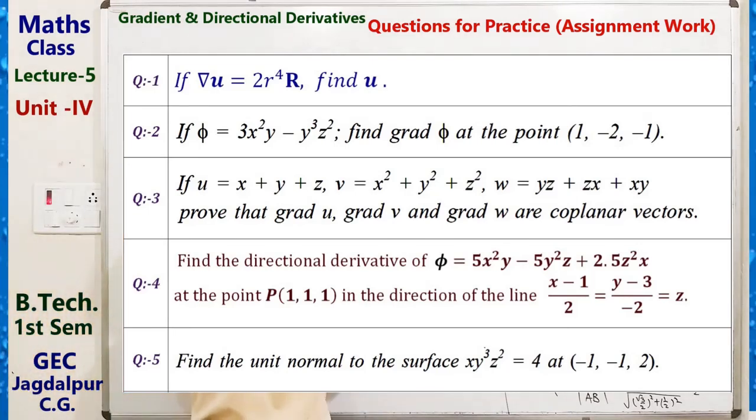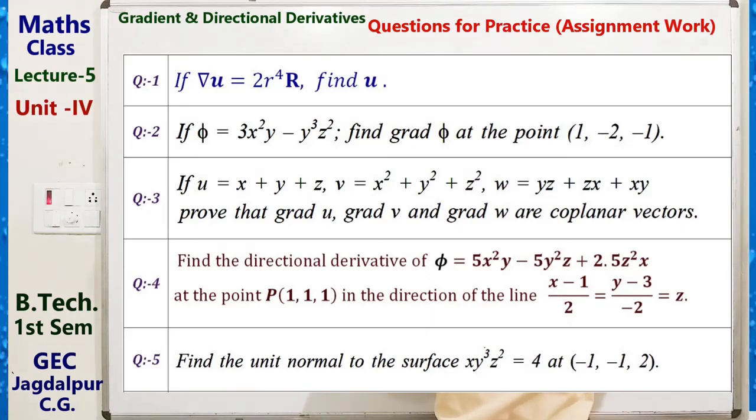That is a vector, and its direction is normal to the surface. Its modulus is the directional derivative, the rate of change of the function in the direction of the normal. That is, in the normal direction, the directional derivative is maximum. The directional derivative is maximum in the direction of the normal.